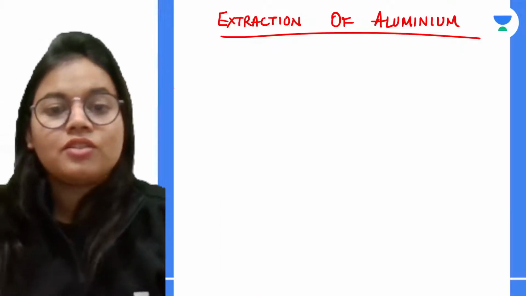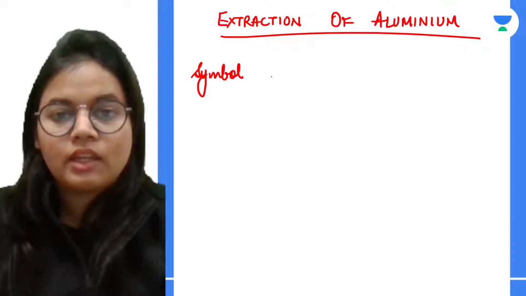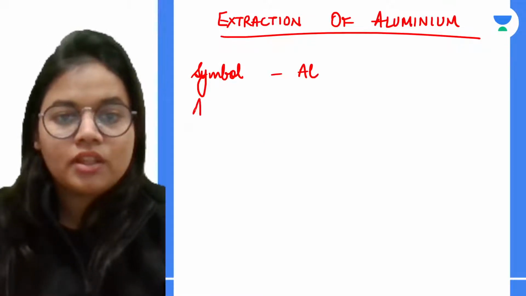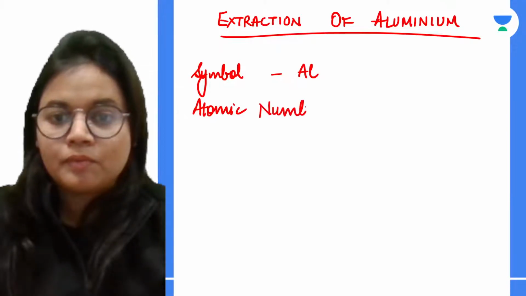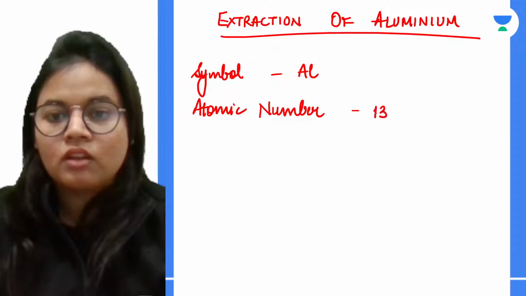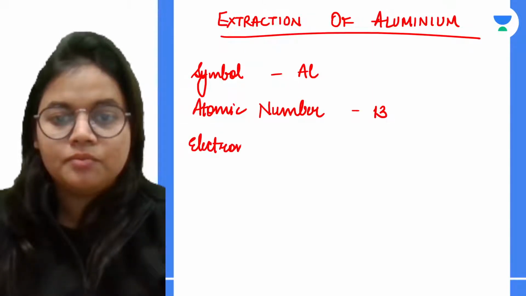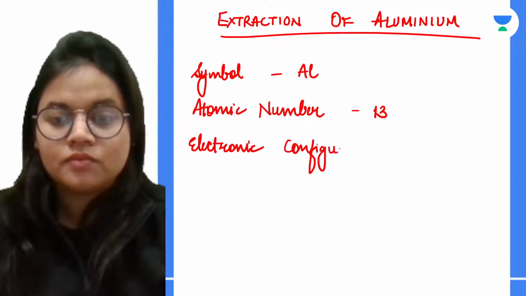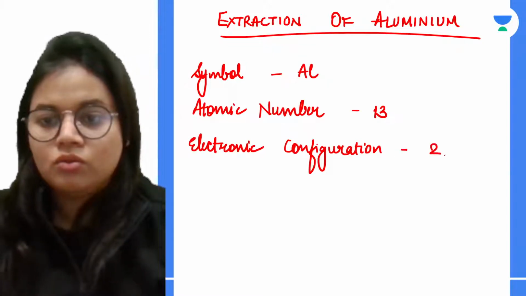What is it? The symbol for aluminium is Al, and its atomic number is 13. The electronic configuration of aluminium is 2, 8 and 3.